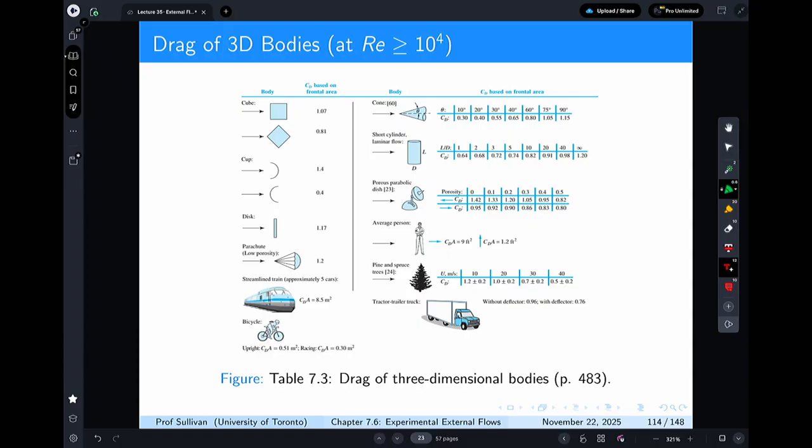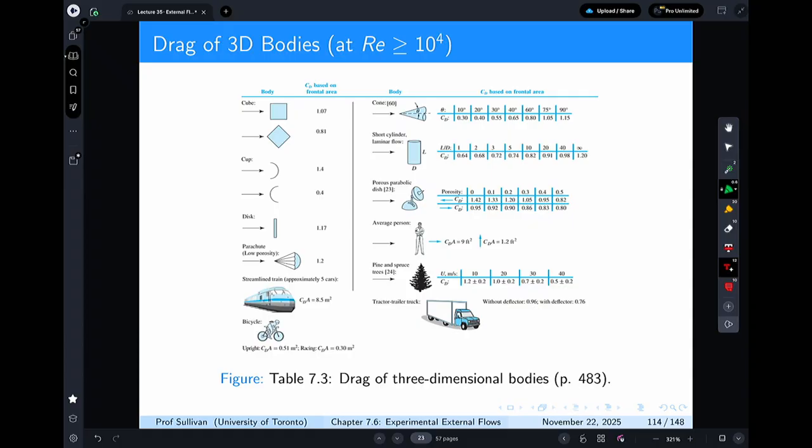Okay, so for 3D bodies, same sort of thing. C sub D based on frontal area, various shapes. You'll notice that, though, the value changes. So cubes, cylinders, is there a cylinder in this?